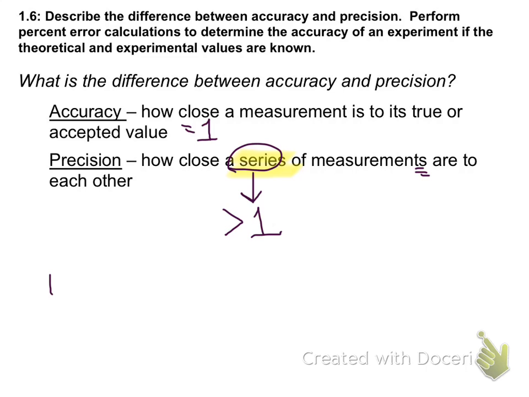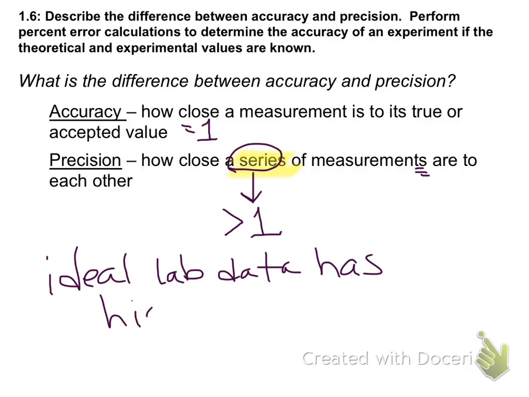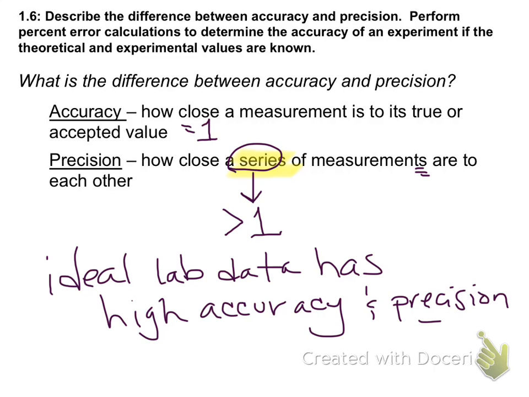Now, obviously, an ideal situation or an ideal lab data is going to have high accuracy and precision both. High accuracy and high precision. But that's not always the case, unfortunately.